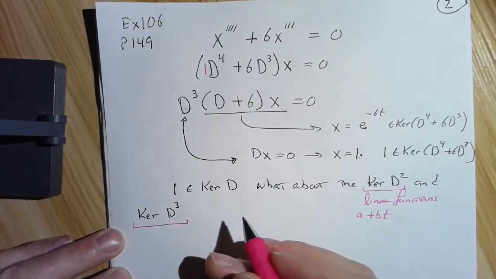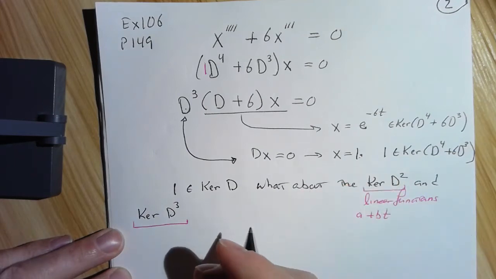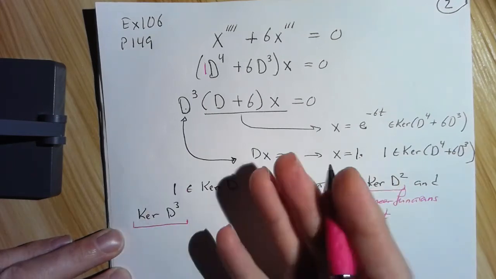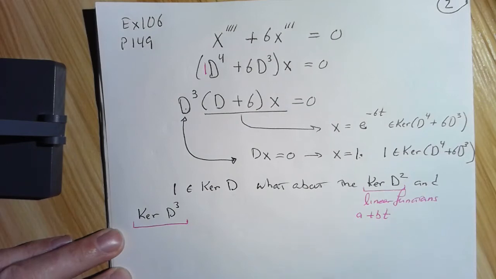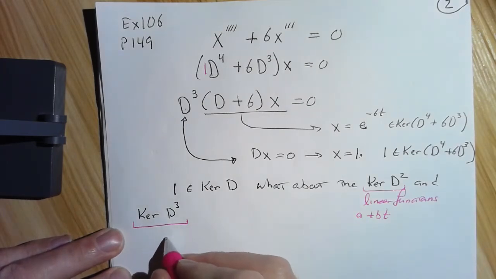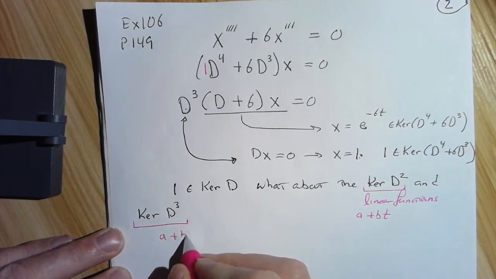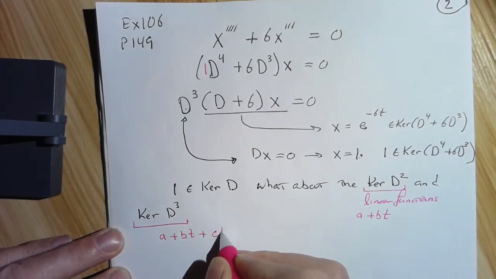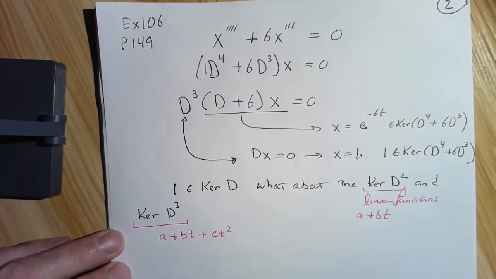Well, quadratics. Quadratics represent a constant acceleration motion. They have no jerk, if you will, no change in their acceleration. And so things in here are a + bt + ct squared.